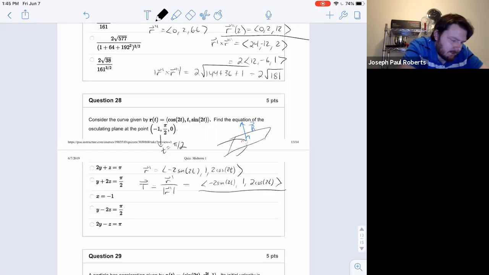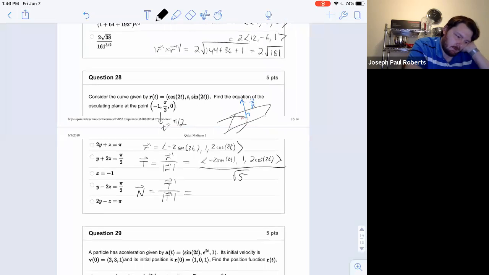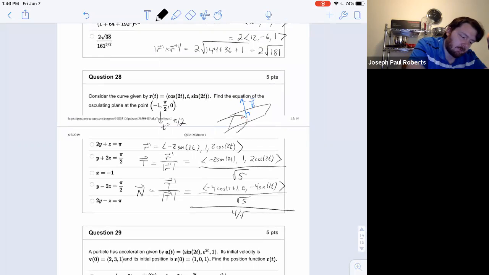If you do the length of that and hit the Pythagorean theorem, it's length square root of 5. And so then N is T prime normalized. T prime is going to be what? -4 cosine 2t, 0, -4 sine 2t. I still have the over root 5 in the denominator. Then the length of that is going to be, what, 4 over root 5.